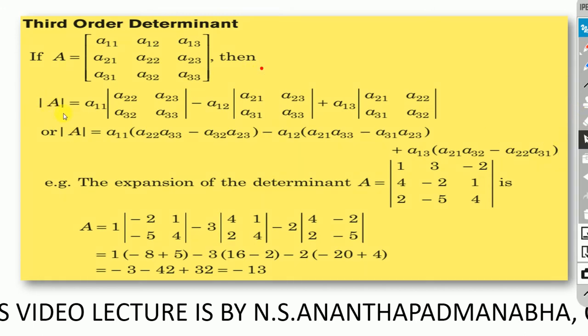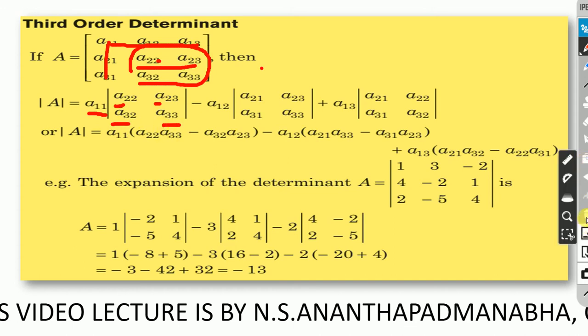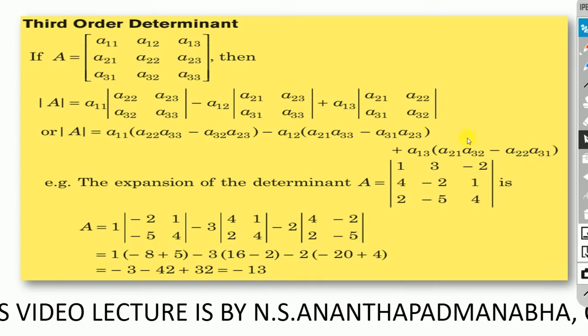Let us consider this determinant A, which is nothing but A11 here. I have to leave this row and column, and I have to take these values. That is, I have to consider this 2 cross 2 determinant here: A11 into A22, A23, A32, A33, and minus A12, and let us leave this column and row.